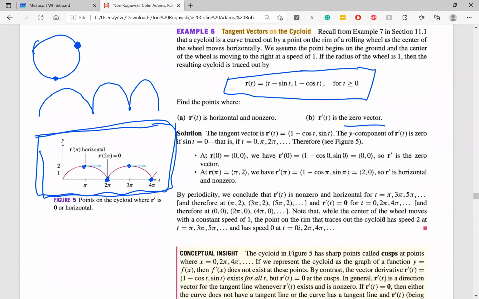Okay, and so in order to do this, we just really have to take the derivative and set it either to be 0 or to be horizontal, so where the y component is 0.